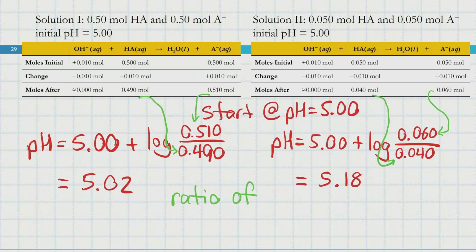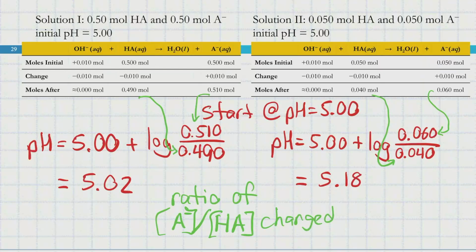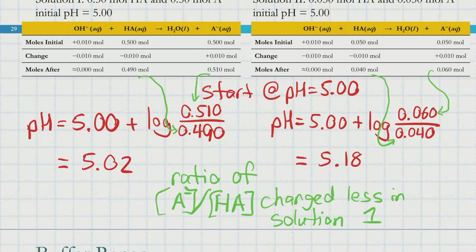The ratio of A minus over HA changed less in solution 1. And that's why we saw a smaller pH change as well.